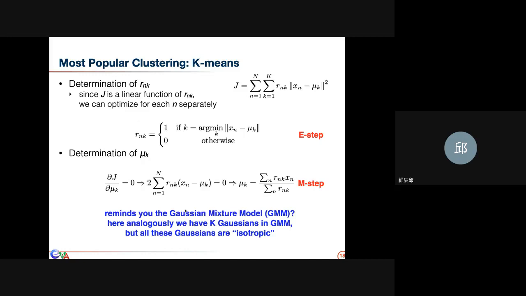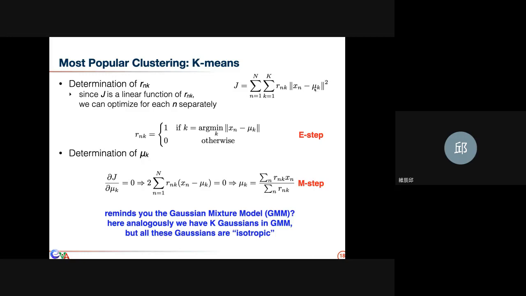Okay, and I hope these steps can also remind you of the Gaussian mixture model, GMM. Here, we have K Gaussians in GMM, but all these Gaussians are isotropic, right? Because here we only try to minimize the distance from the data point to the center.